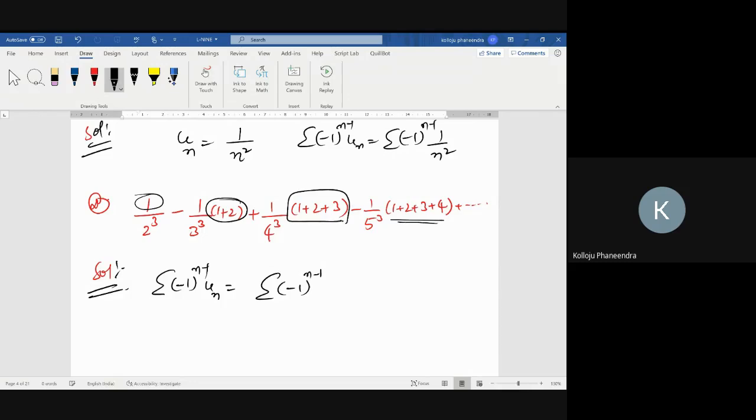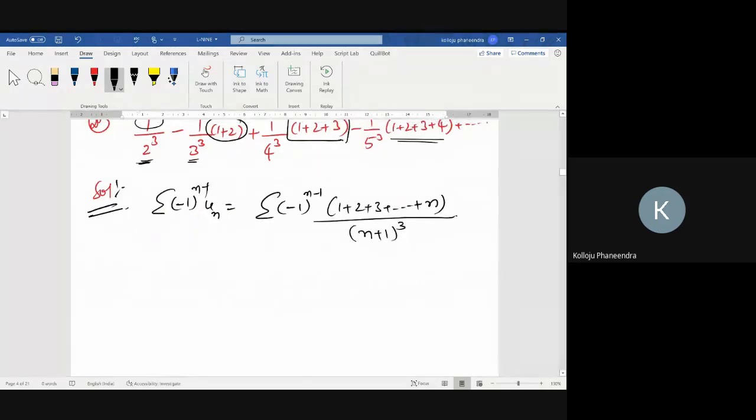So in the nth term you will get 1 plus 2 plus 3 up to n, whole by, in the first term 2 cube, second term 3 cube, third term 4 cube. So this becomes n plus 1 whole cube. Now, therefore, what does un become?